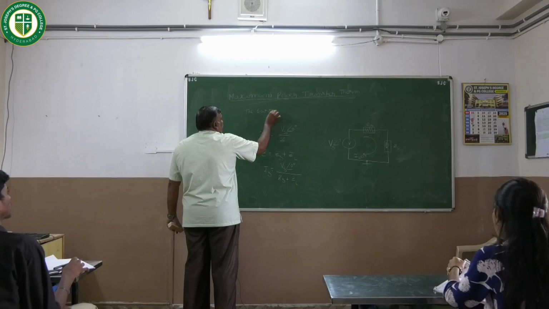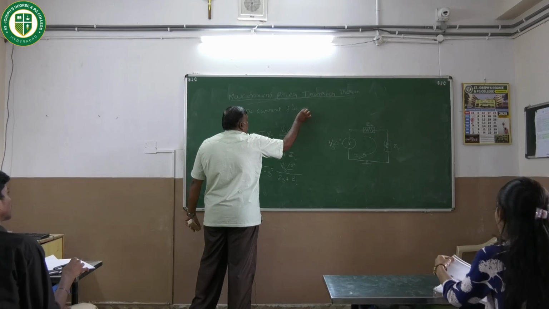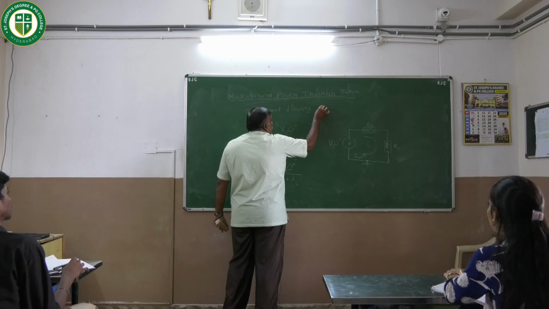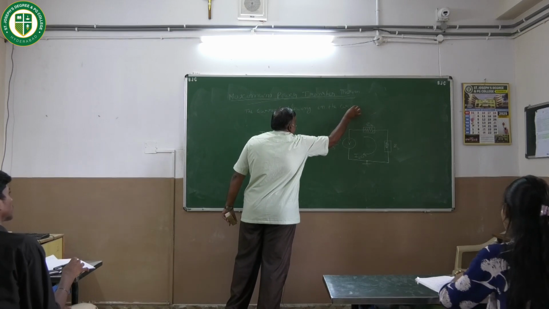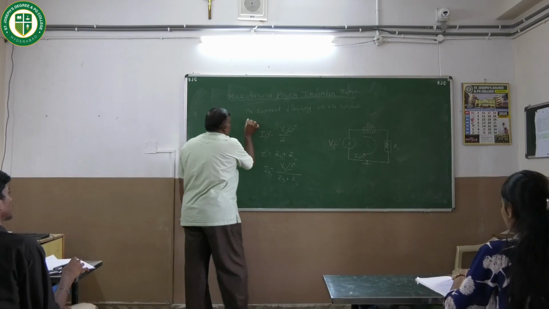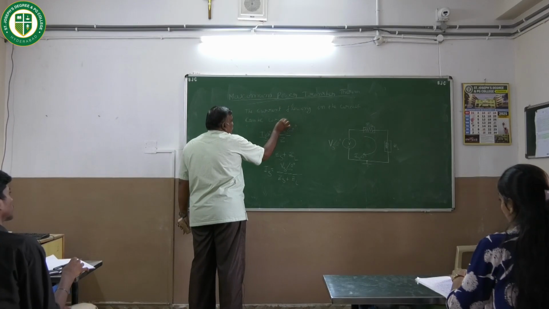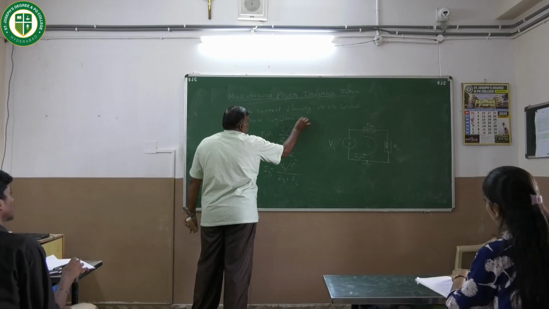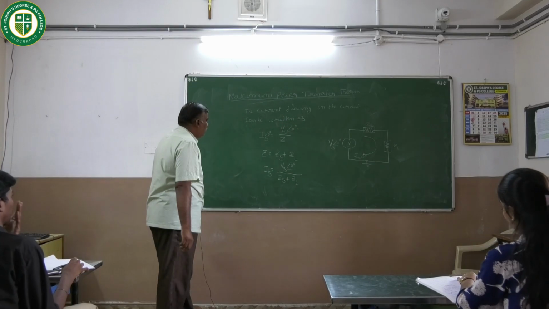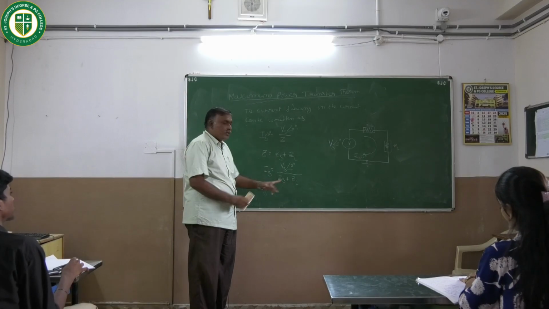The current flowing in the circuit can be written as, so there is a story. Now substitute the expressions of Zs and Zl.